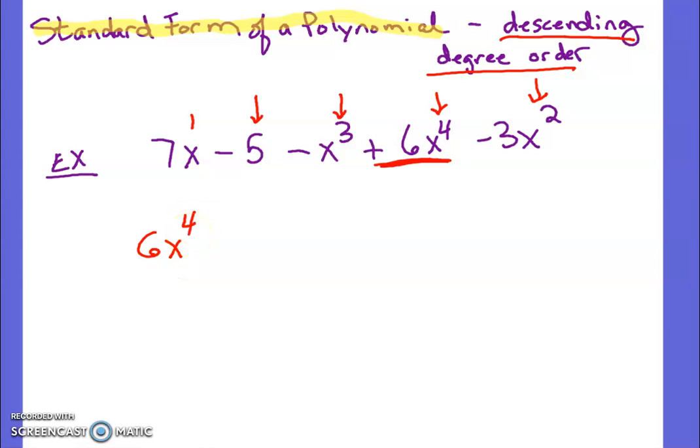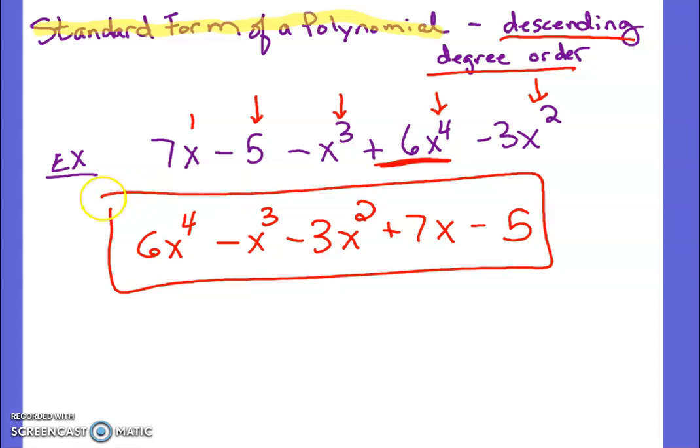It's kind of like putting people in order from the tallest all the way to the shortest person. So that's really what we're doing. We're taking the highest degree, and then the next highest degree, and then the next, and then finally the number. And notice the exponents count down, and this is called descending order. So all of our answers from now on need to be in descending order, the highest degree first.